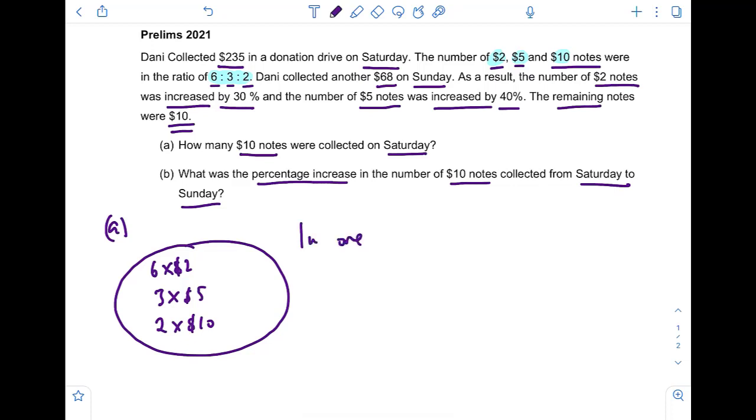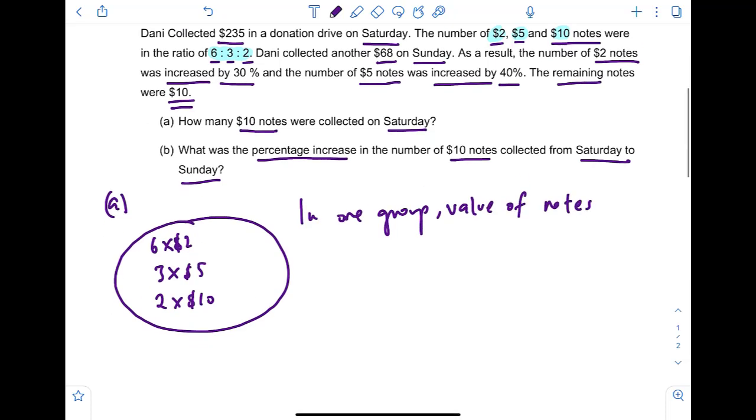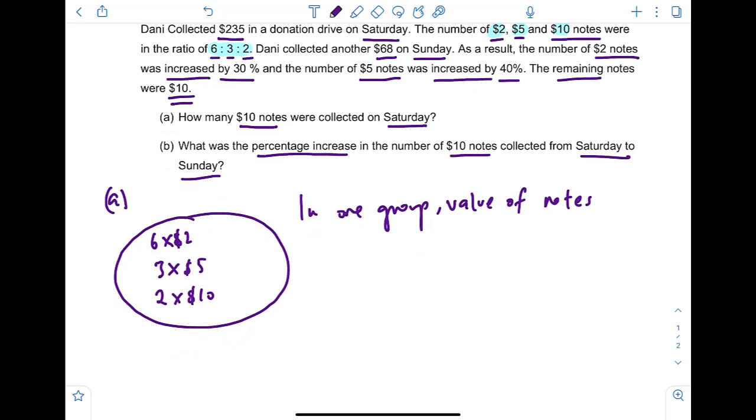So in one group, what's the value of these notes? It will be equals to 6 times $2 plus 3 times $5 plus 2 times $10.